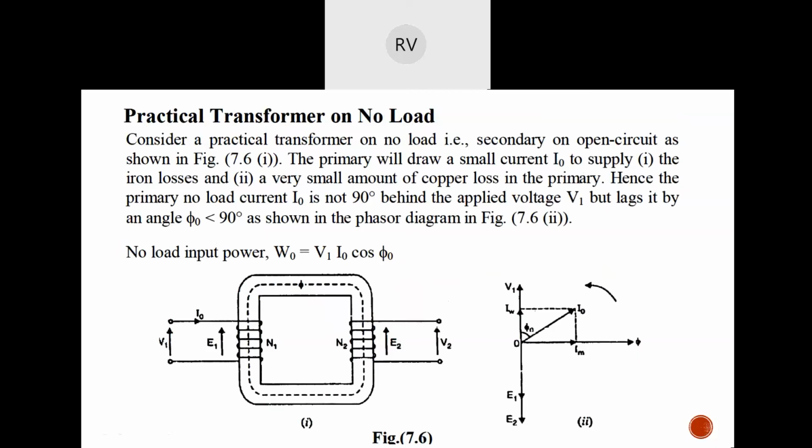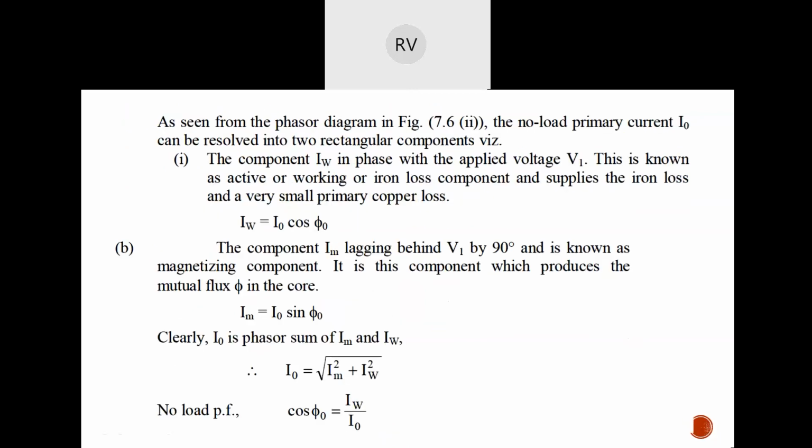So that parameter will give us how much loss is being fed to the transformer, and that component is called the working or iron loss component or active component of the total current. Next, the component Im lagging behind V1 by 90 degrees is known as the magnetizing component.